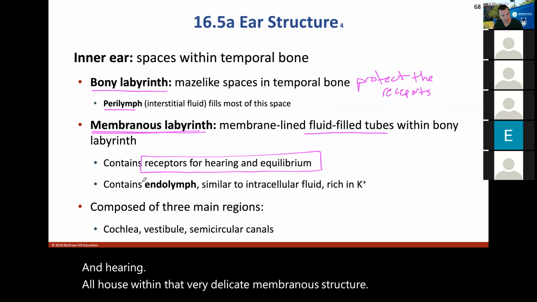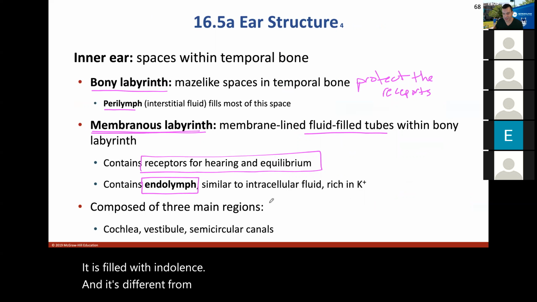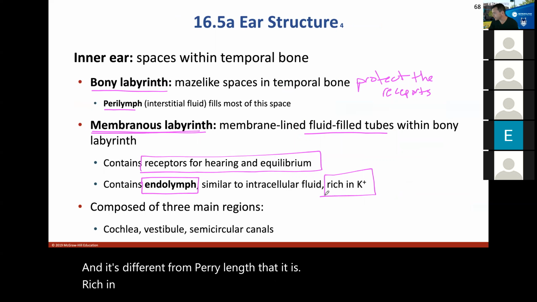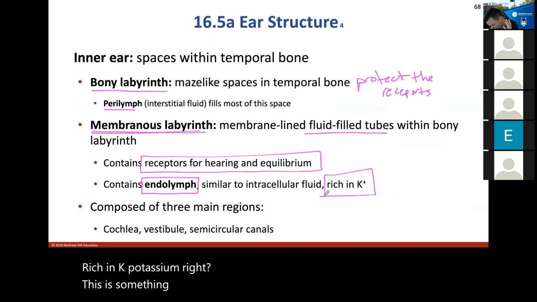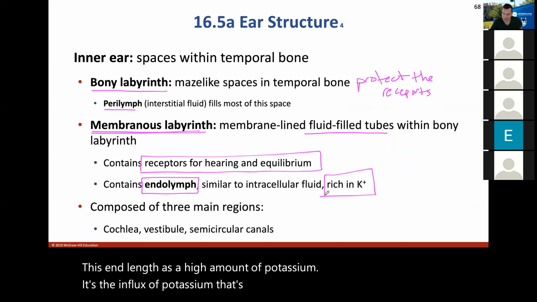It is filled with endolymph, and it's different from perilymph in that it is rich in K, potassium. This is something very different and very unique. This endolymph has a high amount of potassium. It's the influx of potassium that's actually going to trigger the magic to happen.